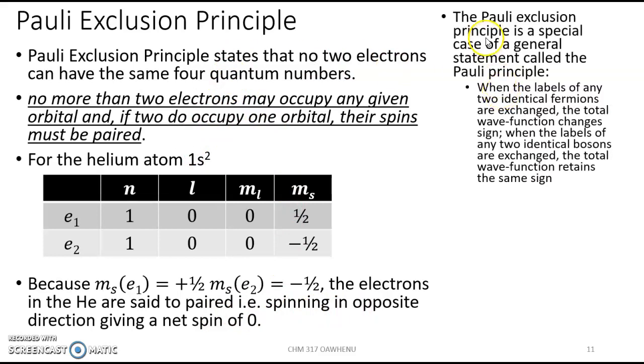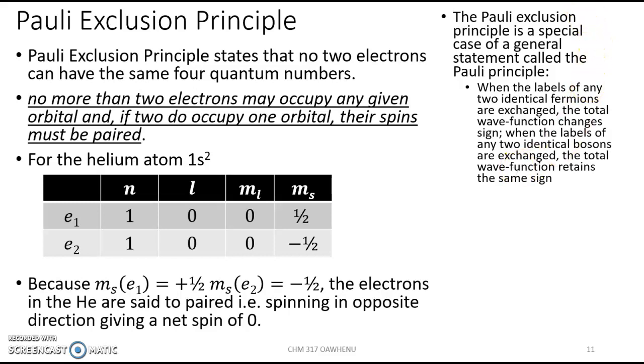A quick one: the Pauli Exclusion Principle comes from a general statement that when the labels of any 2 identical fermions are exchanged, the total wave function changes sign. Fermions are particles with half-integral spins, and when the labels of any 2 identical bosons are exchanged, the total wave function remains the same.